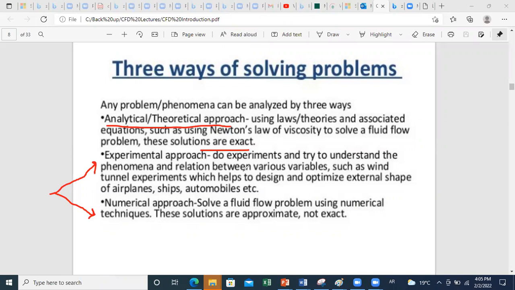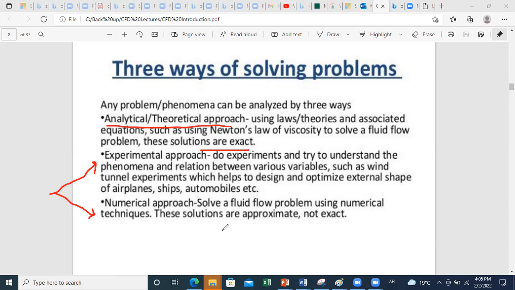For example, imagine that you are in the process of designing an airplane or a car, and each time you change a parameter, you should do an experiment. It's not very practical. This is why one of the most widely used techniques is the numerical approach, which consists of transforming differential equations from the analytical approach into numerical equations using several algorithms and schemes.